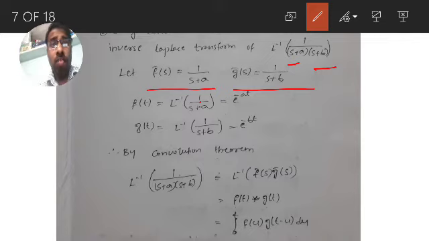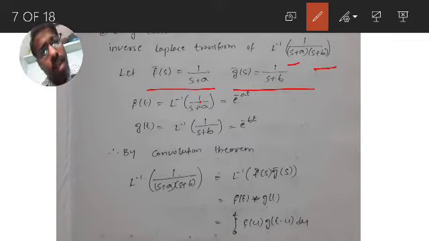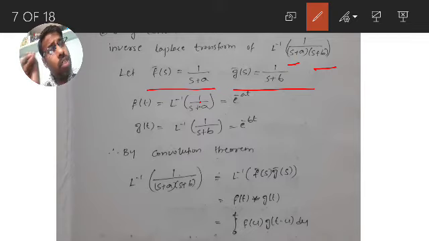Once you apply convolution, it converts into integration. Note it down, students. Whenever a product of two functions is given, choose the simple one as g bar of s and the other one as f bar of s.